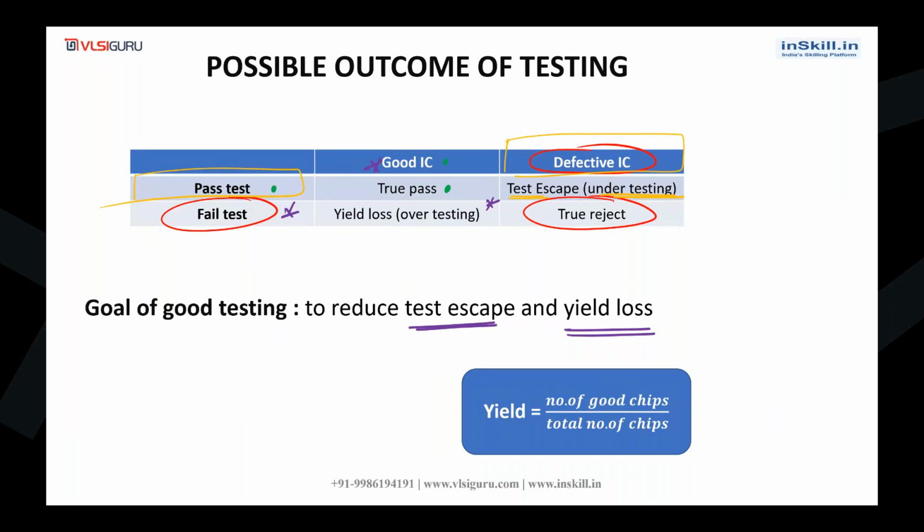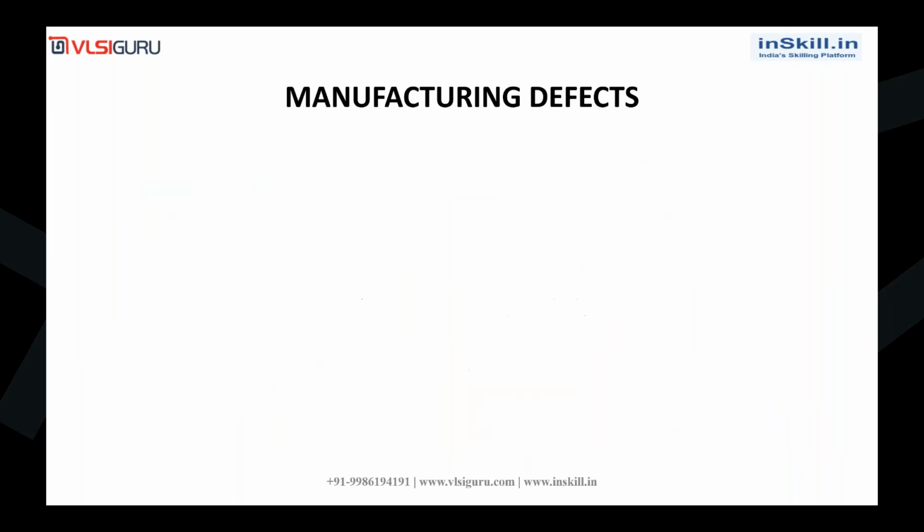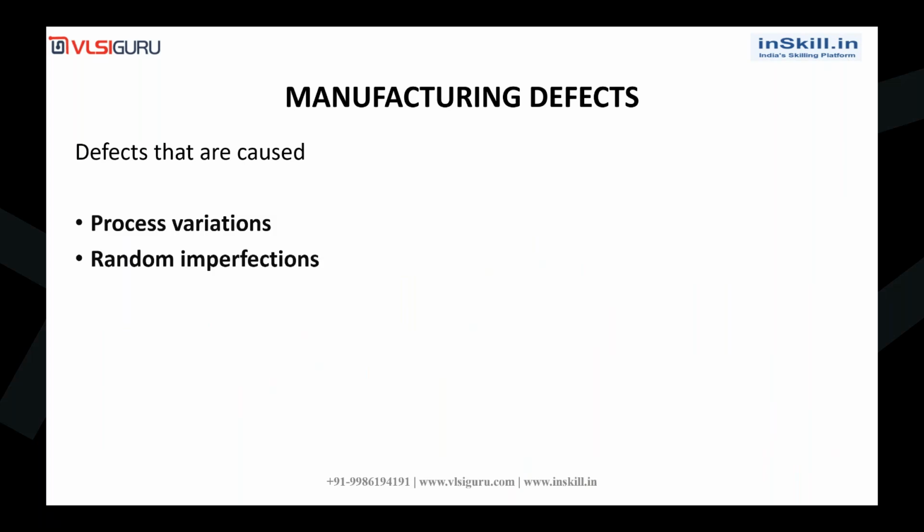Okay. And we'll try to understand what a manufacturing defect is. Manufacturing defects are the defects that are caused due to process variation and random imperfections.